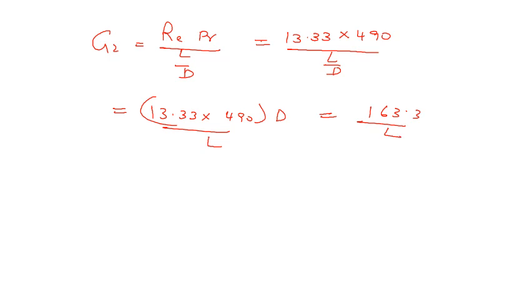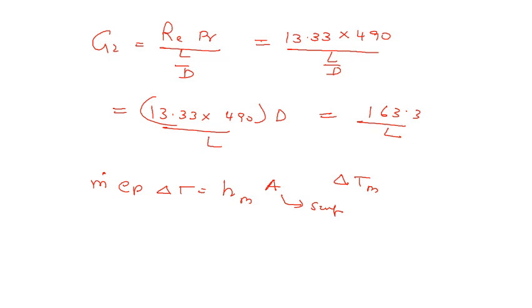Making energy balance for L, we can write mass flow rate into Cp into delta T is equal to H mean, that is for the bulk, and area, here it is of course the surface area, and delta Tm, that is a temperature difference, or LMTD in this case, because the three temperatures have been mentioned.